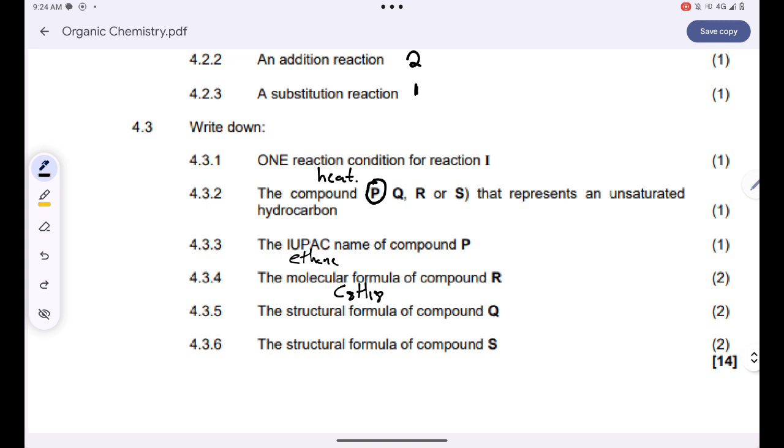Write down the structural formula of compound Q. Compound Q, we did say it's butane, right? So that's hydrogen, hydrogen, hydrogen, hydrogen, hydrogen, butane.